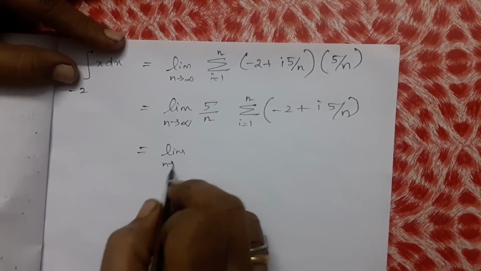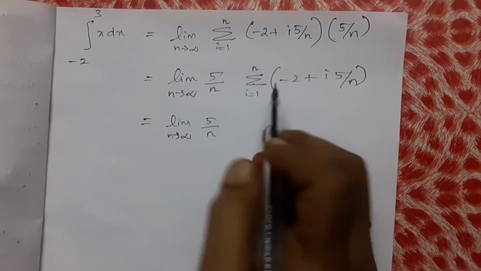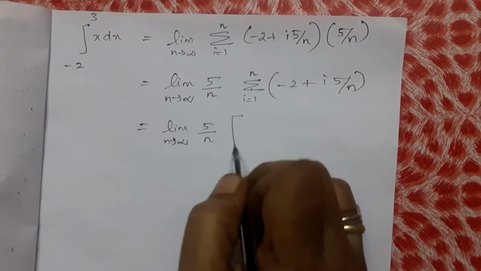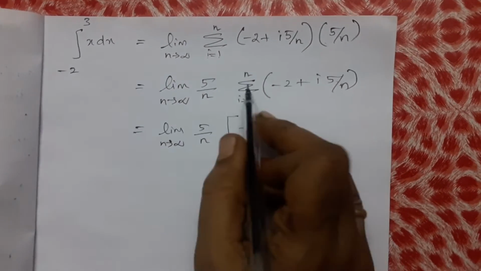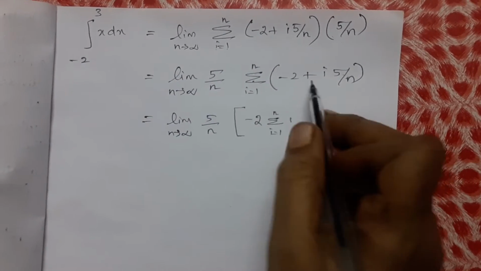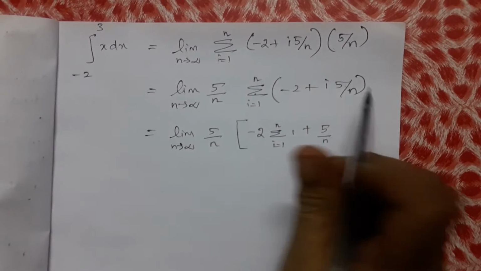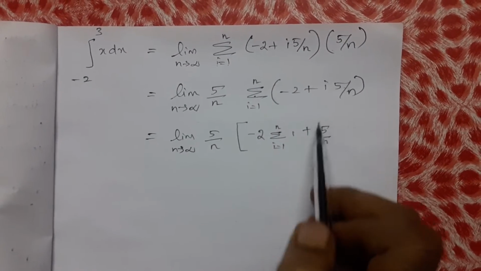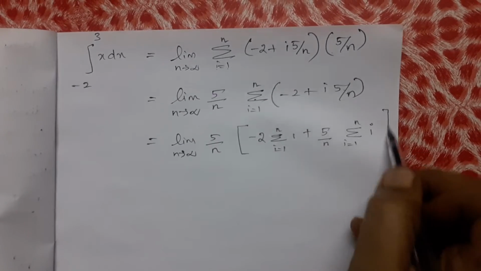Let us simplify this. Summation is distributive, so I can take minus 2 outside, which is minus 2 into summation of 1, i varying from 1 to n. And from here also I can take 5 by n, which is independent of i, outside the summation of i, i varying from 1 to n.